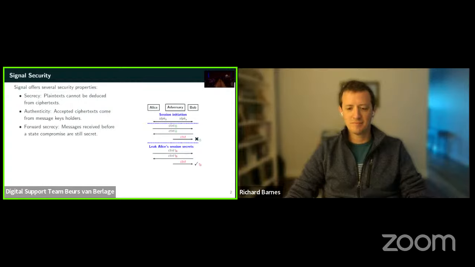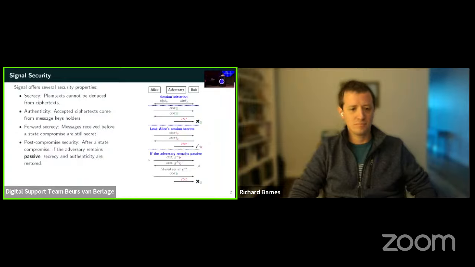Signal offers secrecy and authenticity, as stated in the previous presentation, as well as forward secrecy, in the presence of an adversary which can fully compromise the network, as well as leak the secrets of some users. So here, for instance, if the adversary leaks the secrets of Alice, then secrecy and authenticity are no longer ensured.